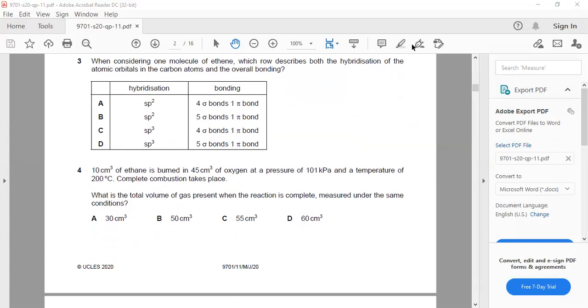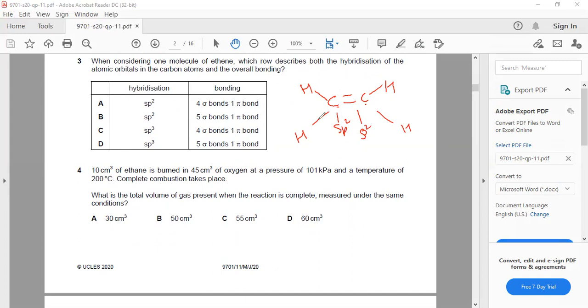So this is a shortcut for hybridization. Ethene: all the single bonds are sigma bonds, and in ethene the double bonded carbon is sp2 hybridized. How do we know?